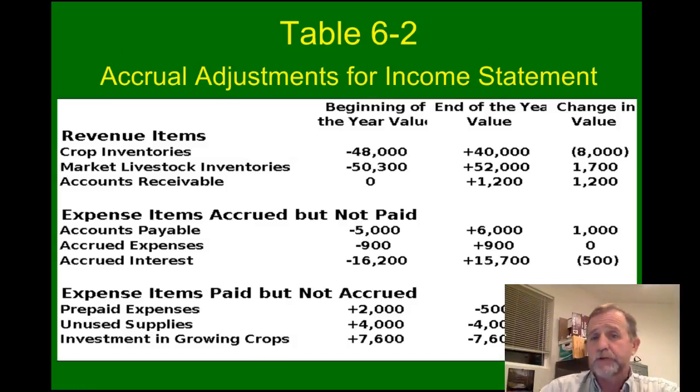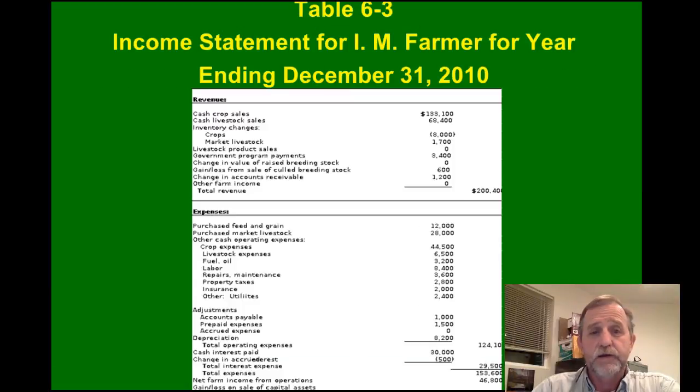I'm going to let you take a look at that, and you can reflect on this slide here. This is just what we talked about here. From those computations on the past slide, we had an inventory change in the crops of a negative $8,000, but market livestock of a positive $1,700.